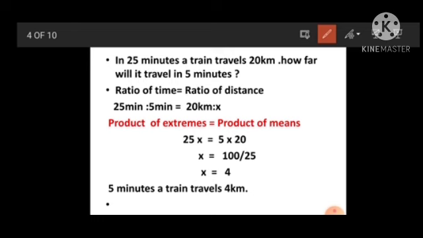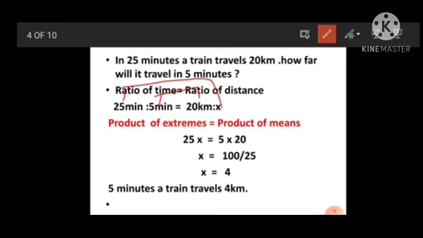Now write the formula. Product of extremes is equal to product of means. Product of extremes, first and fourth term, 25x, and product of means, second and third term, 5 multiplied by 20. So 25x equal to 100.